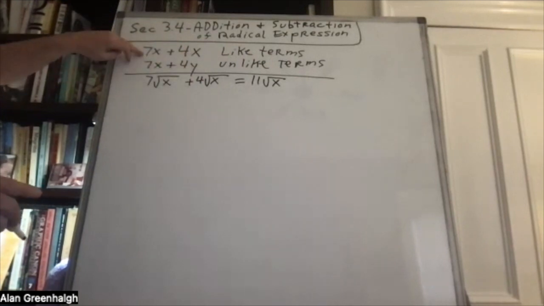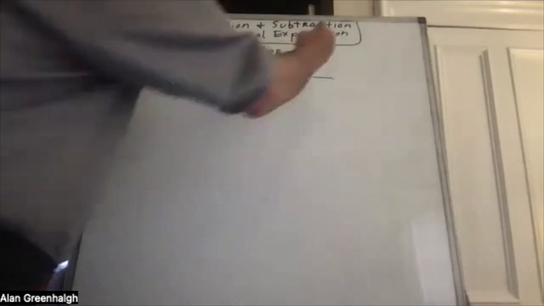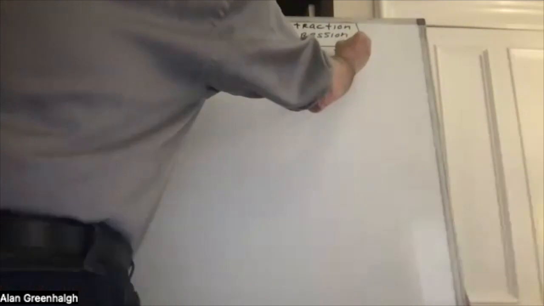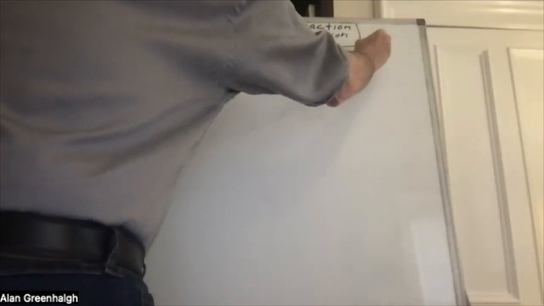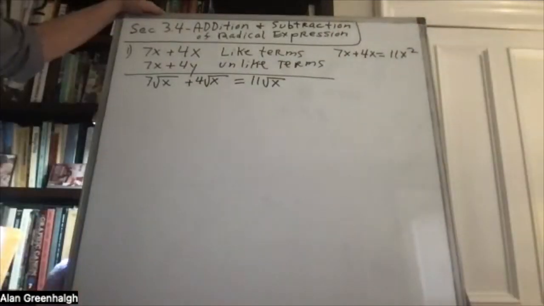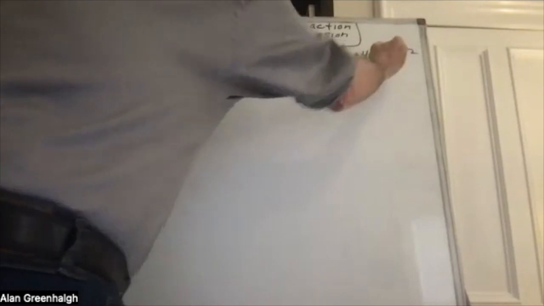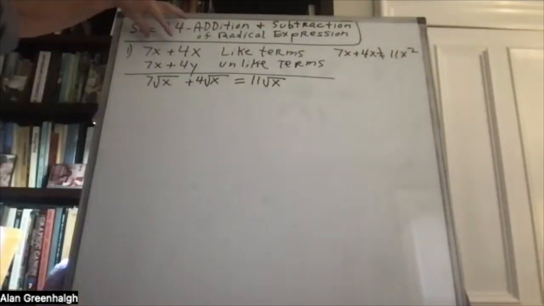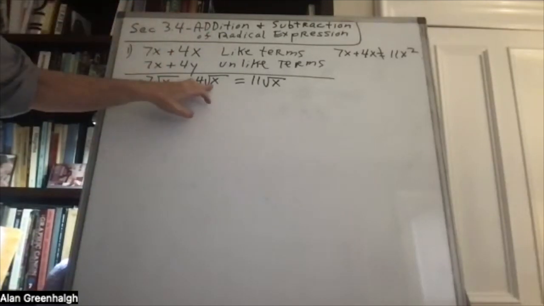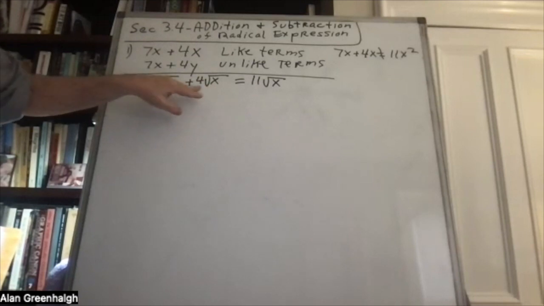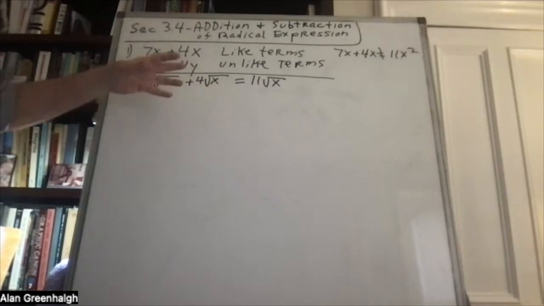See, just like over here, I've had students in my past, not this level, of course, who've done this. I've seen that. No good. You keep the term, you keep the variable and add the coefficients. You keep the radical and add the coefficients, so to speak.